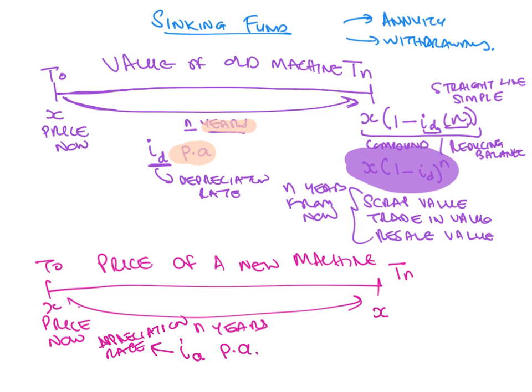The value in the future is the original value multiplied by 1 plus the appreciation rate to the time period. And again, you should notice here that my time period is in years and my interest rate is yearly. Okay, so what we now have is the price of a new machine.